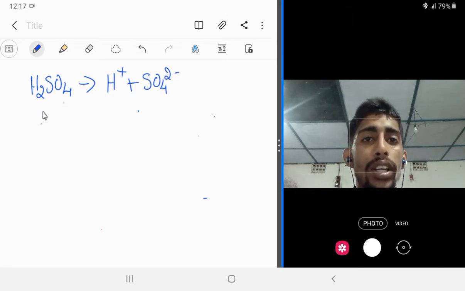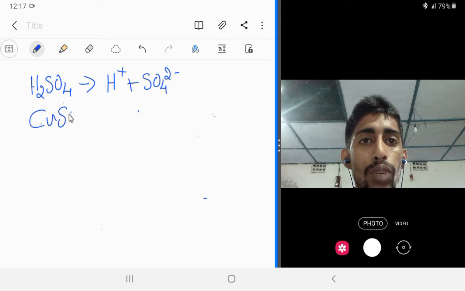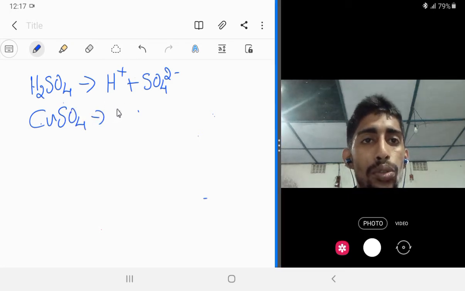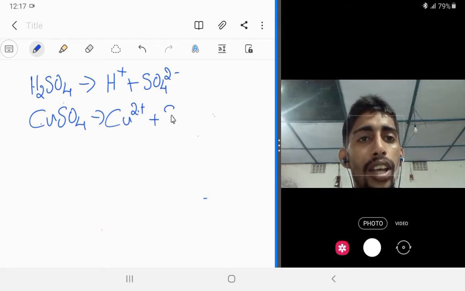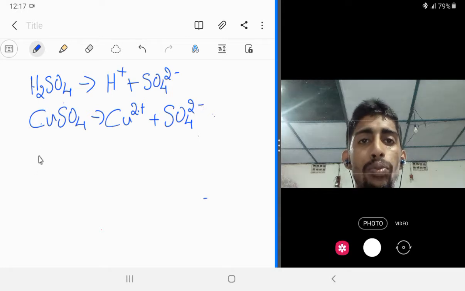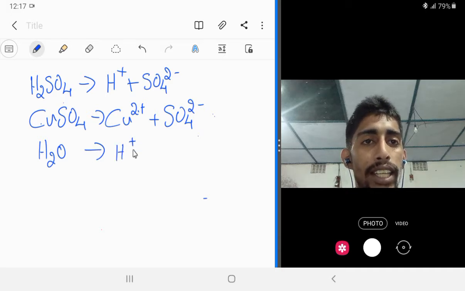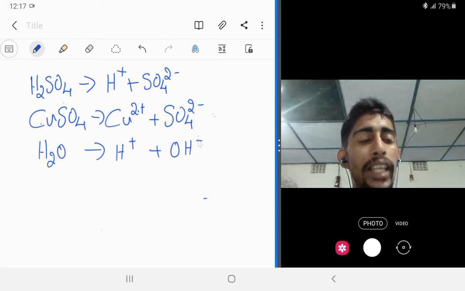Copper sulfate will dissociate as Cu2 plus and SO4 2 minus. Water, H2O, will dissociate as H plus and OH minus.